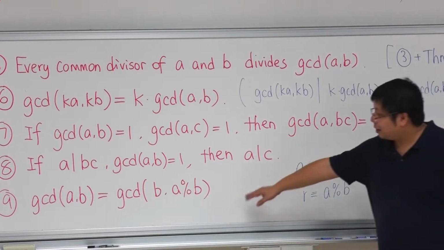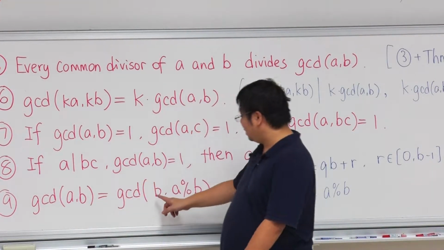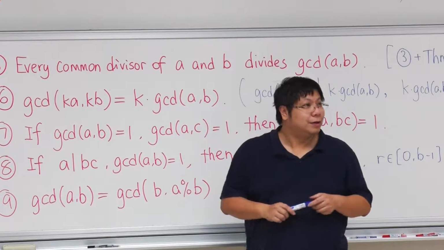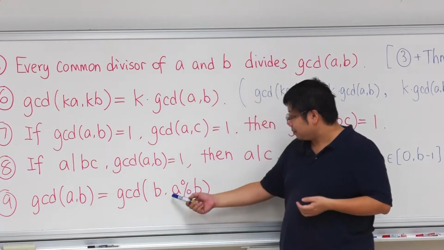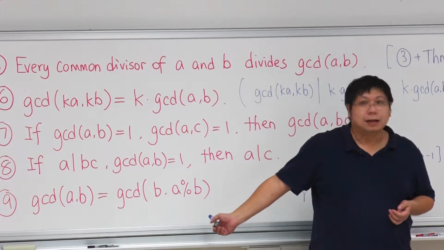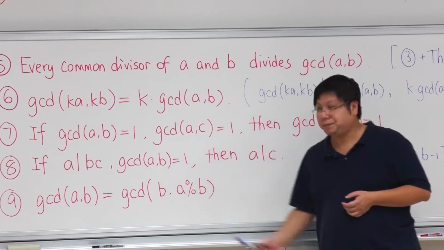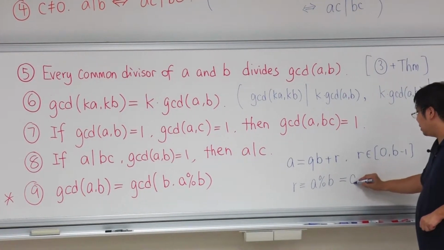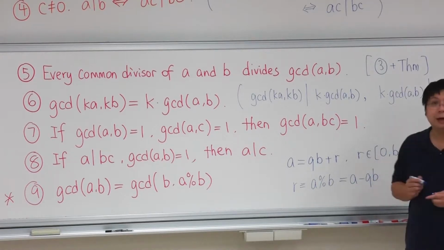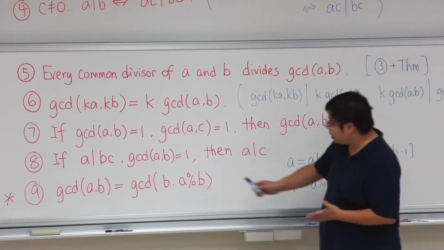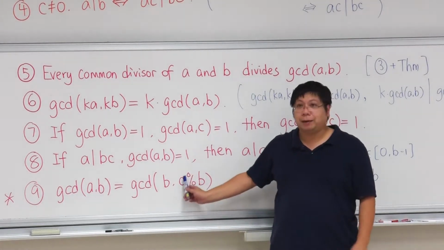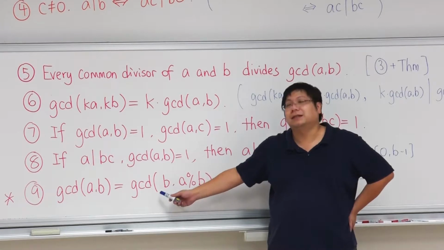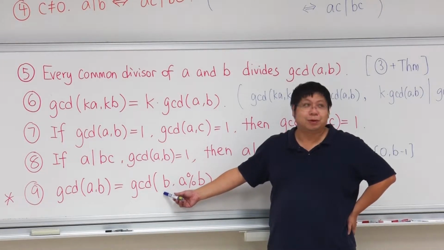So we want to show that GCD of A and B is equal to GCD of B and A mod B. First of all, this number, A mod B, is R, which is equal to A minus QB. Is that okay? So this number itself is a linear combination of A and B, right? B is a linear combination of A and B, of course: 0A plus 1B.